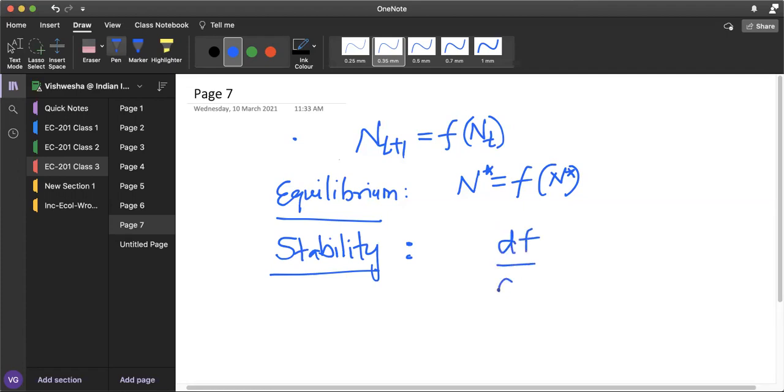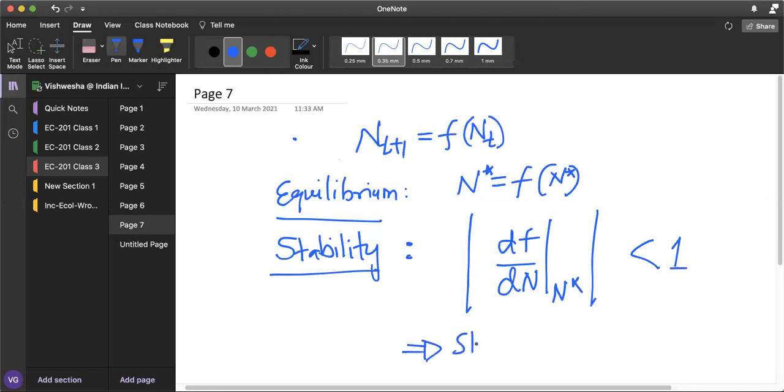If the derivative of f with respect to n, computed at the equilibrium population size, has a modulus less than 1, this means it's a stable equilibrium. If not, it will be an unstable equilibrium. Okay. So this is how we find the equilibrium and stability for a general discrete time population model.